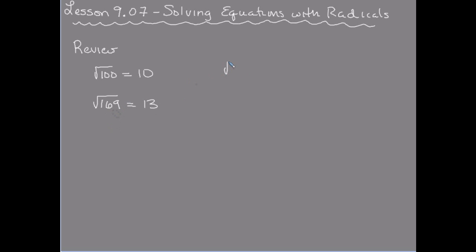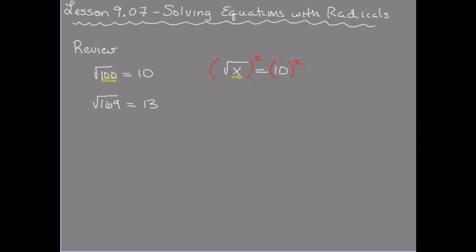Now, if I have the square root of some unknown quantity and that equals 10, well, this unknown quantity can only be 100. And the way we would solve that is we would square both sides.